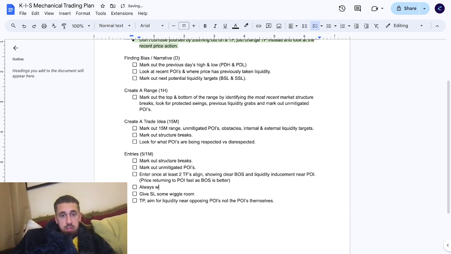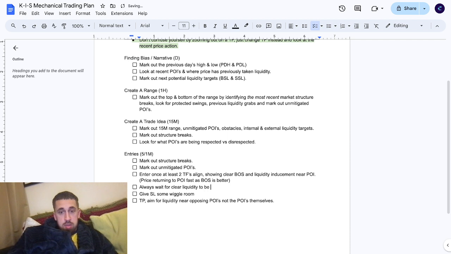Always wait for clear liquidity to be taken.